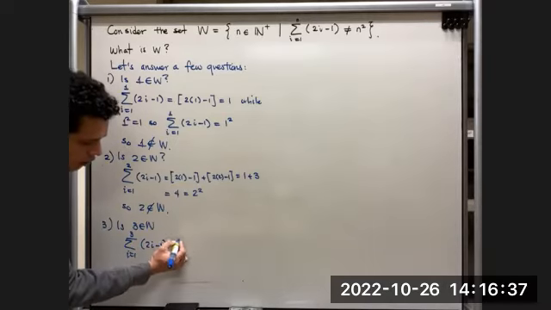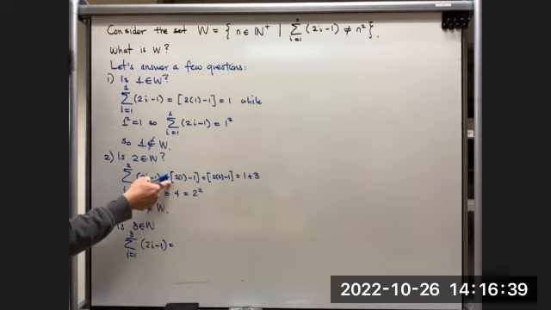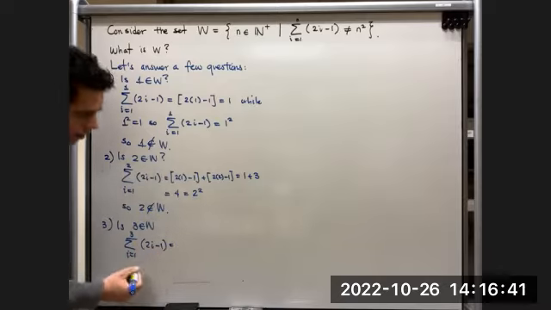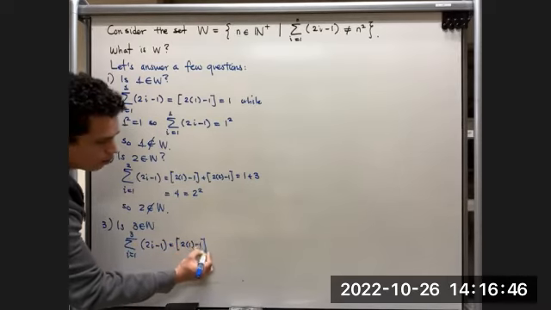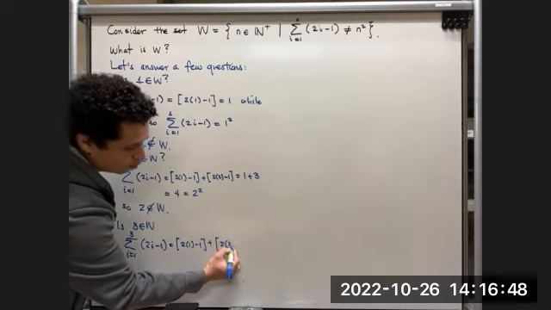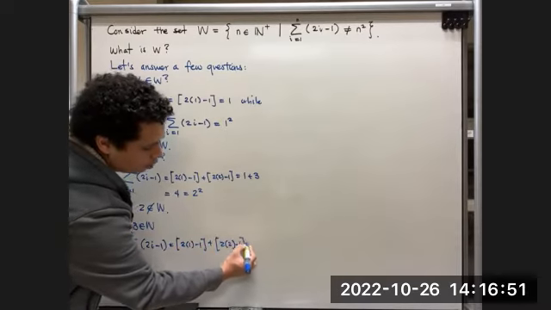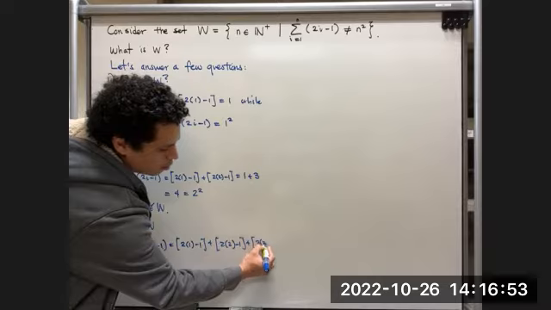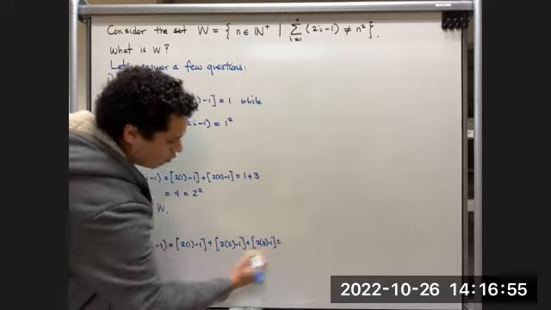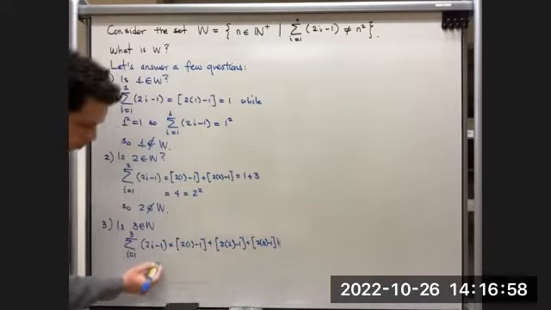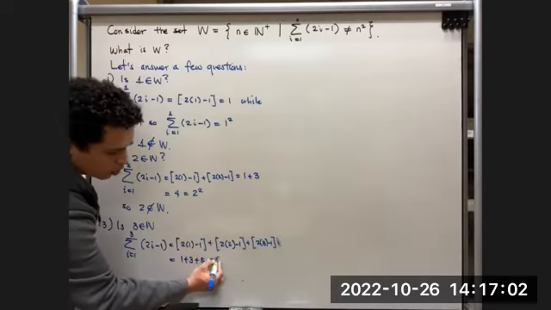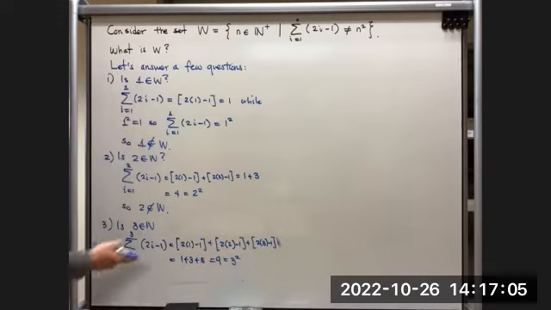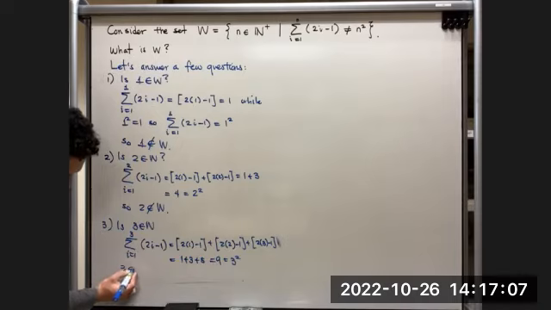Well, that one results in basically the same expression that I have here, plus a third term, which is now 2 times 1 minus 1, plus 2 times 2 minus 1, plus 2 times 3 minus 1, which of course reduces to 1 plus 3 plus 5, which is 9, which is 3 squared. So once again, 3 fails to be a member of W.